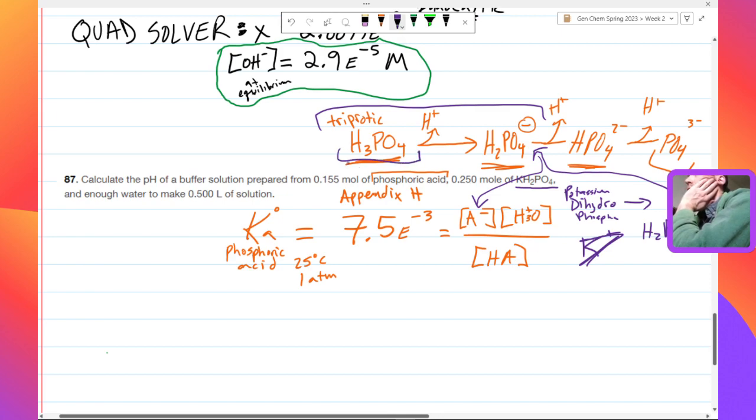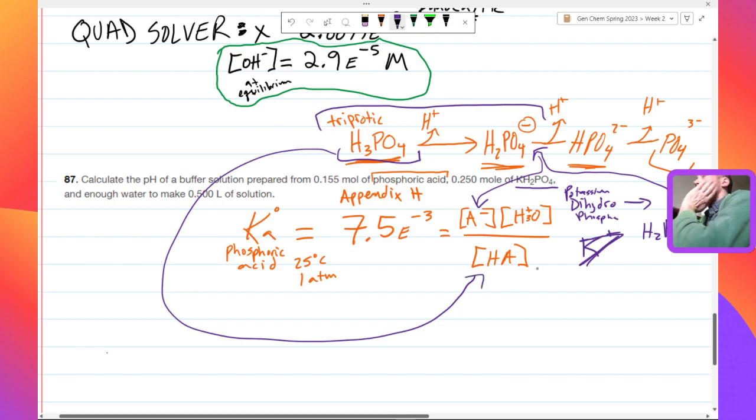So H3PO4, oh, there's so many arrows, is a weak acid. It's a very strong weak acid. Times 10 to the minus 3 here is a very strong weak acid, but it's a weak acid. So this is what's going on.